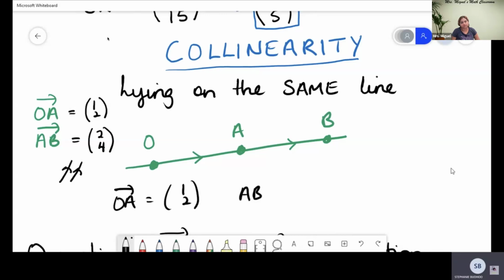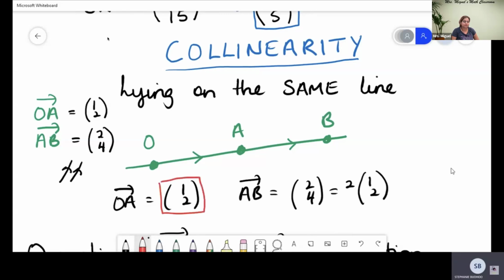So let's try to reduce the vector AB. We can factor out 2 such that we get 1, 2. And within brackets, you can see we have ended up getting the same thing. Therefore, we can safely say that the vector OA is definitely parallel to the vector AB.